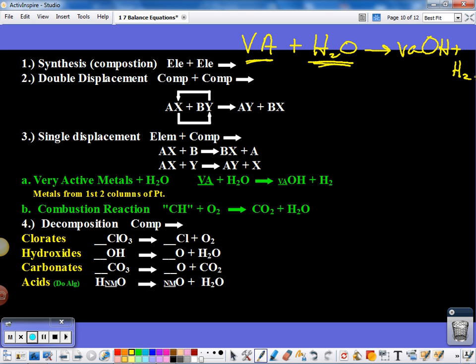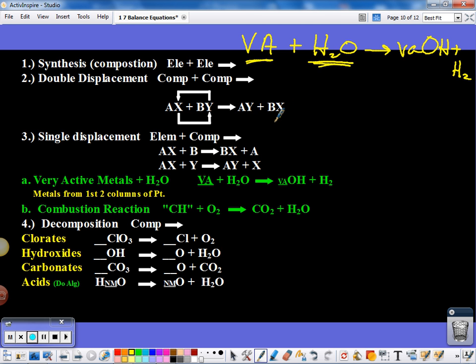Now, not very active metals, those that are in the middle of the periodic table, they're kind of laid back, you know, I'm going to take my time. So the not so active metals come in and kick both of the hydrogens out and bond and make an oxide with the oxygen. Okay? So you've got to identify very active metals as opposed to not very active metals.